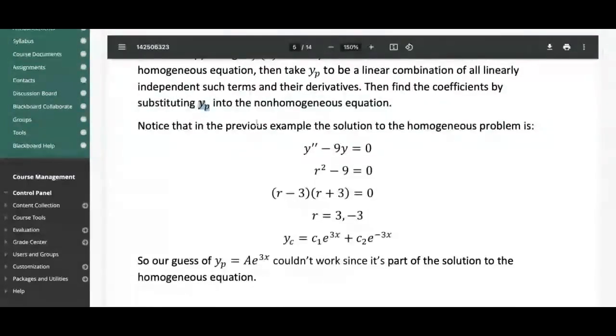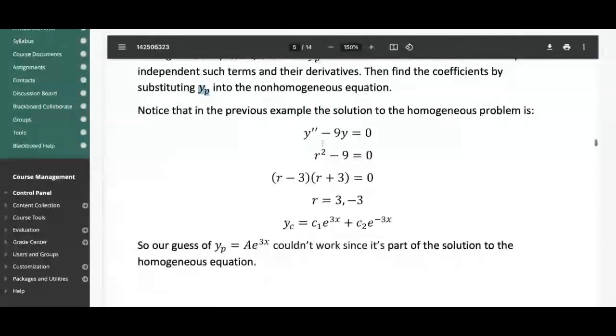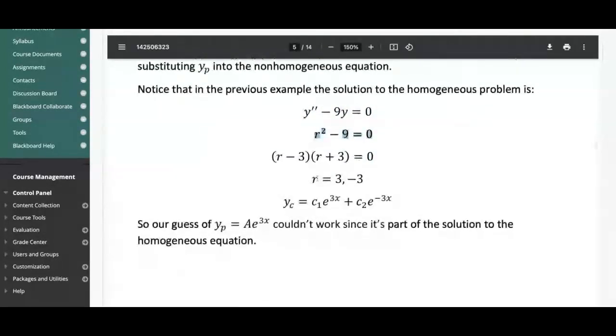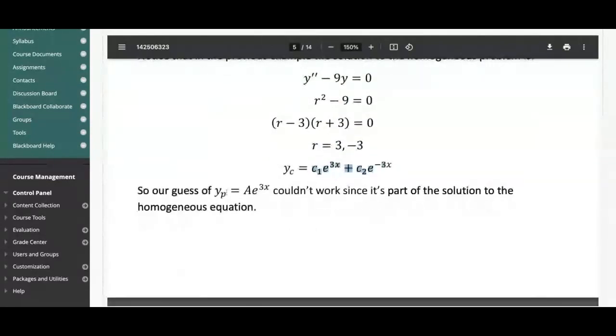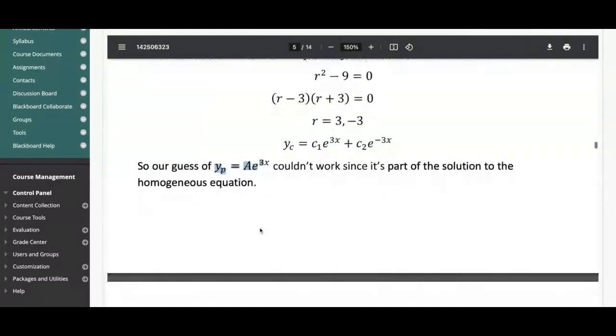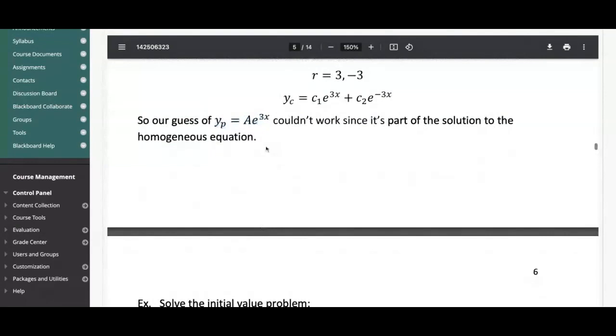The previous example gave us this: the characteristic equation gives 3 and -3, so a complementary solution would be this. And we guessed a e to the 3x couldn't work since it's part of the solution to the homogeneous equation.